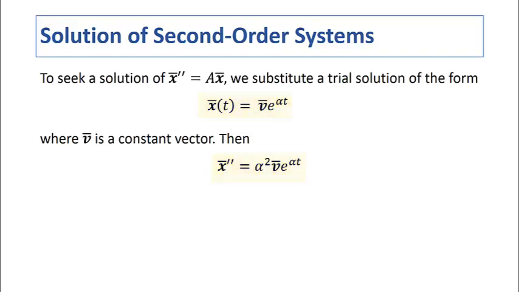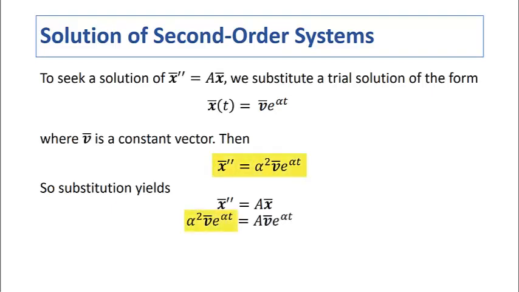We're going to substitute into our equation x'' = Ax our formulas for x'', which was α² v e^(αt), equals A, and we substitute in for x, v e^(αt). Now, because we can cancel the exponentials, those are always non-zero, this implies that α² v must equal Av.